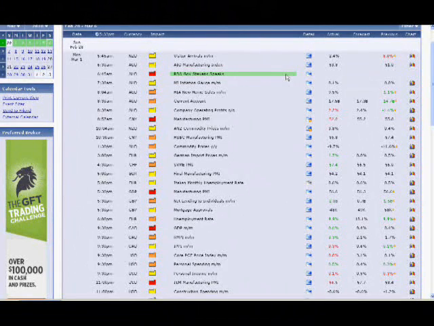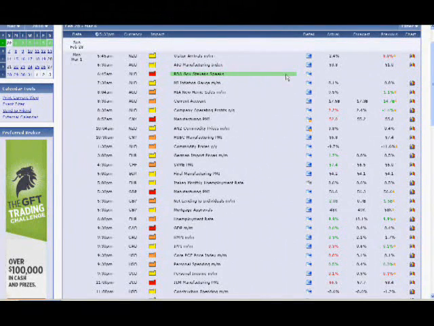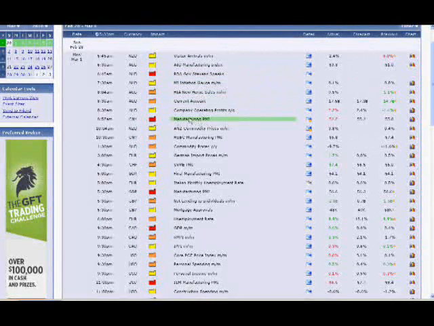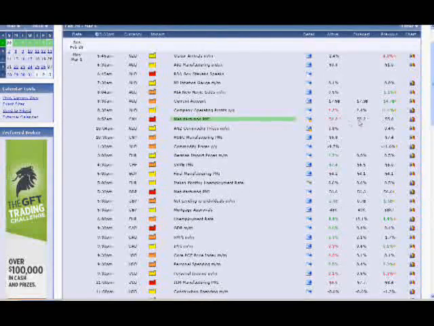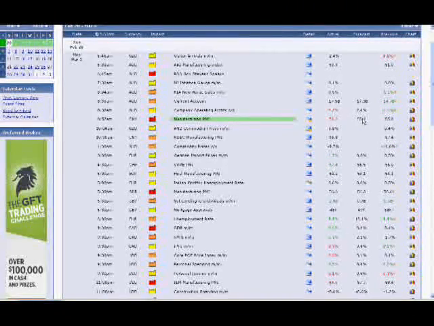The more important news events we are looking for are those with high impact and those with numbers, those with actual physical numbers, as you can see. Now these are much easier to decipher, and the market knows that if it's a good number, it's good for the currency, and if it's a bad number, it's bad for the currency.